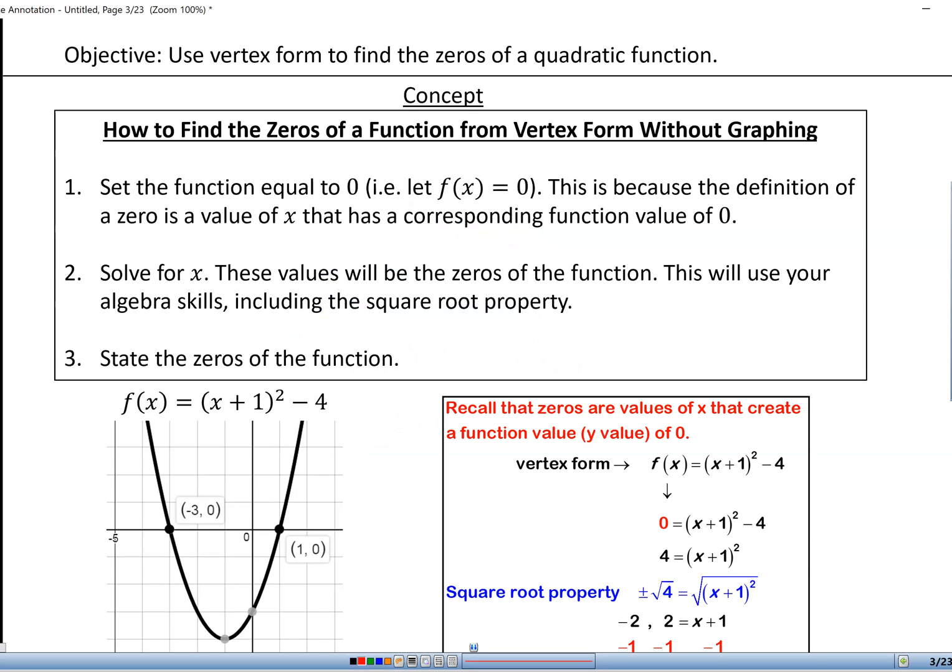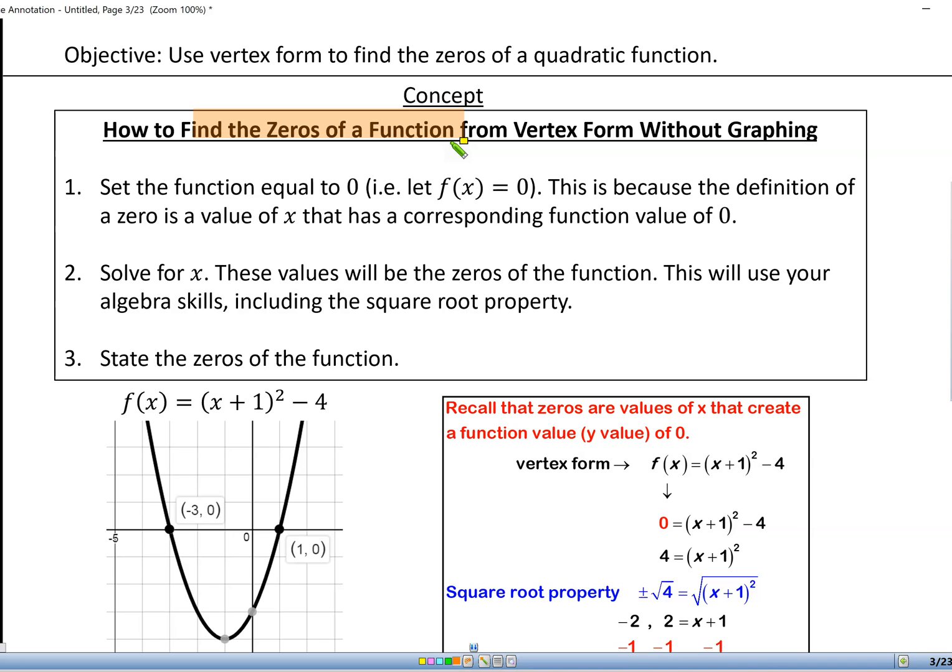All right, so this might have looked a little overwhelming when it popped up on the screen, but we're going to break it down. At the top, we have our procedure, our steps for how to go about finding zeros from vertex form and using our algebra skills. Remember what I was saying in the prior knowledge, understanding that those zeros of -4 and 1 produced y values of 0.